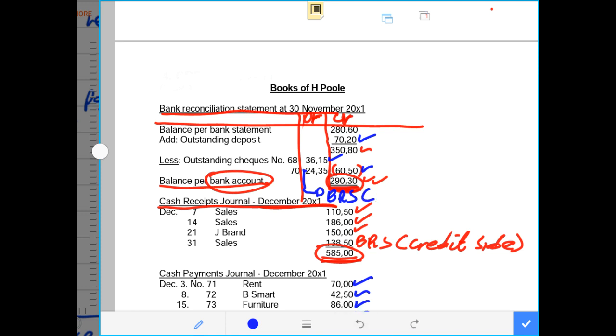And which side was this amount coming from? It was coming from the debit side of the previous bank reconciliation statement. So now it must still be recorded on the debit side of the bank reconciliation statement for the current month. So now this 24 rand 35 cents will be under outstanding check, which is check number 70 for 24 rand 35 cents.